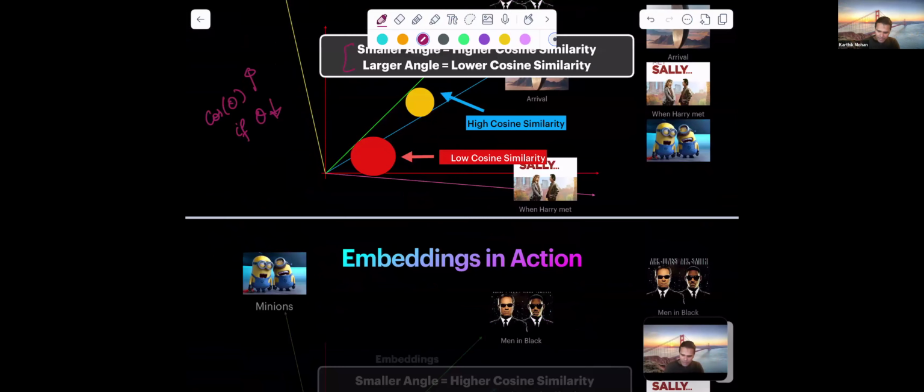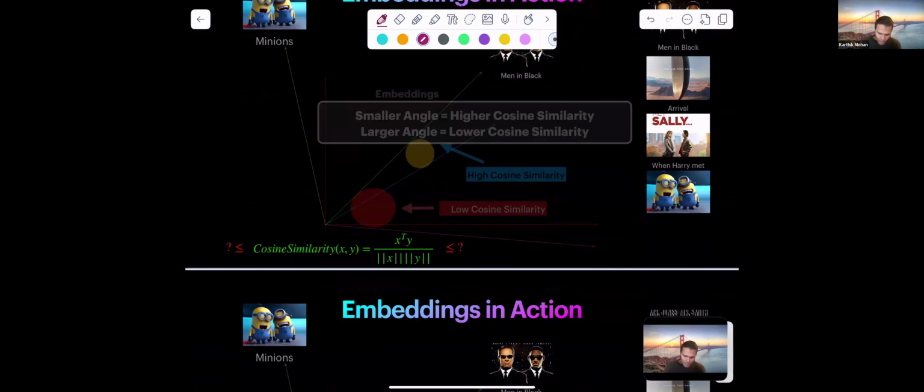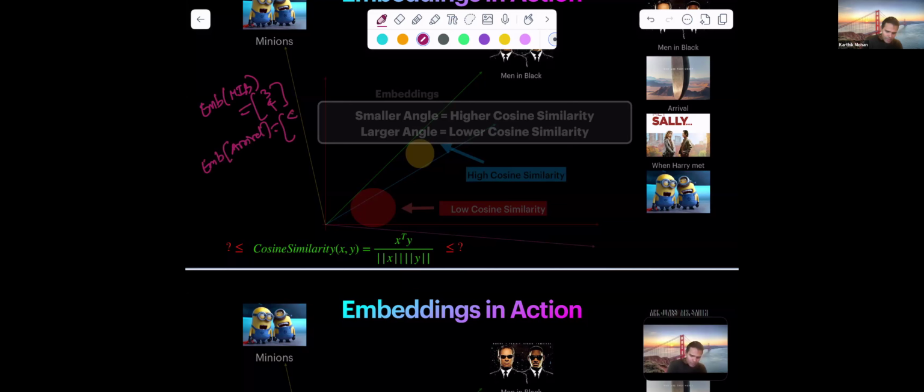So that makes sense. And how do we mathematically represent cosine similarity? Cosine similarity of two vectors x and y is just x transpose y divided by the Euclidean norm of x and the Euclidean norm of y. So for instance, we said the embedding of Men in Black is 3, 4, and the embedding of Arrival is 4, 3, right?